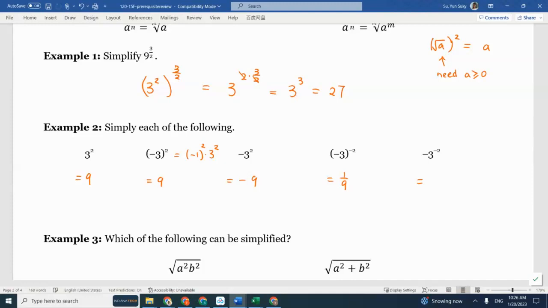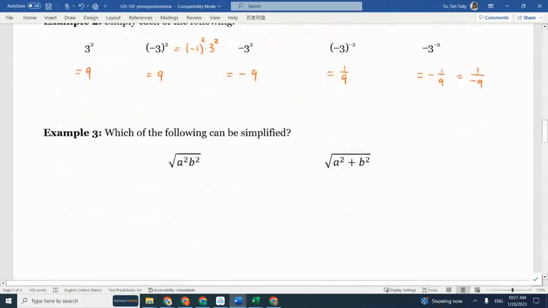How about this one? 1/9 is the same as negative 1/9. So make sure you know the difference among them. The parentheses are very important, and where the negative goes, in front or inside the parentheses, also matters.